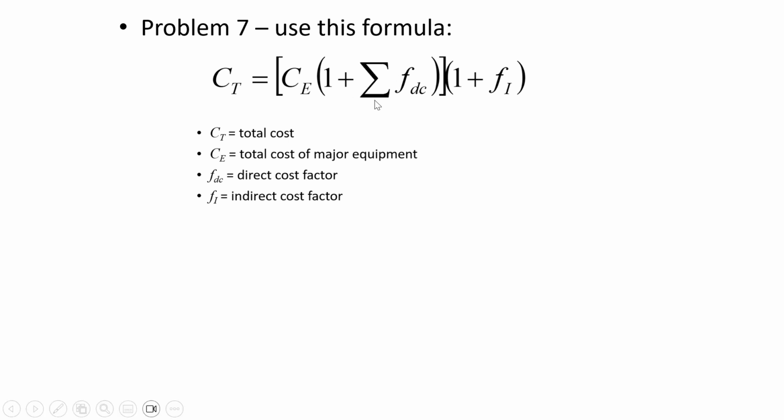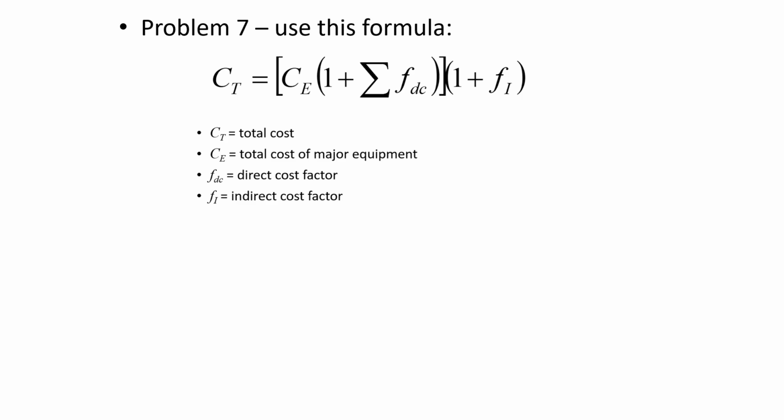So you add up all of the direct cost factors and then multiply those by the cost of the major piece of equipment. But then on top of that, you have to add indirect cost factors. And indirect costs, remember, are those expenses which we can't necessarily allocate to the level of production. So it's things like administrative salaries and accounting costs and advertising and insurance and warranty expenses.